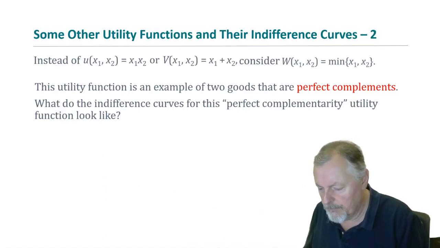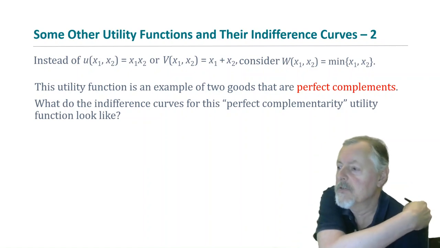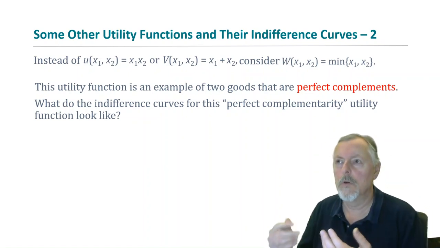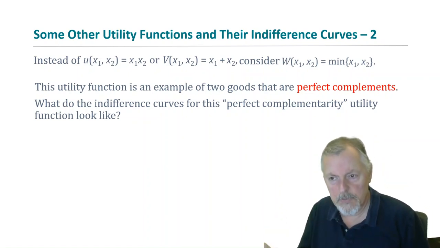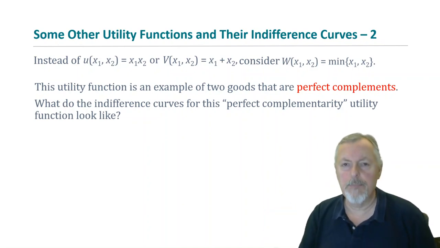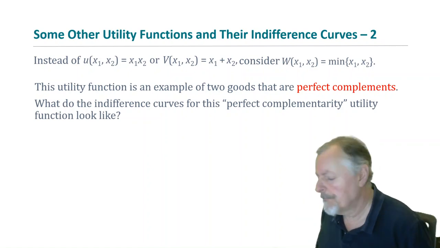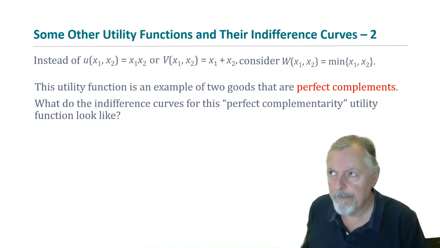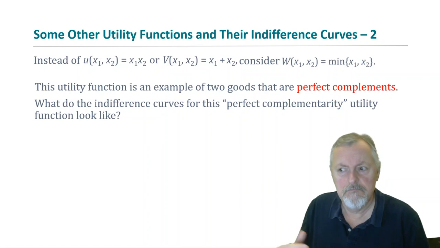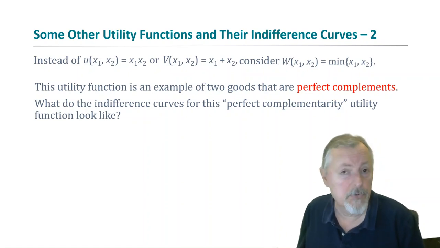All right, perfect complements. These are things that you want to consume together. The most basic example in every textbook in the world is right shoes and left shoes. Not perfect, but complements: peanut butter and jelly.